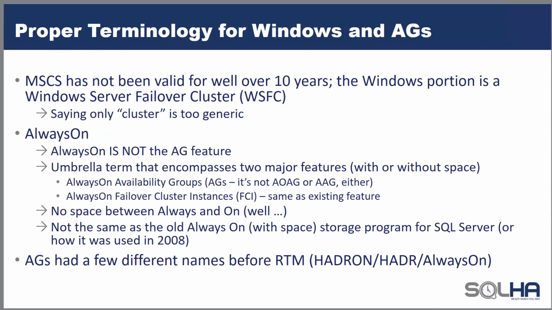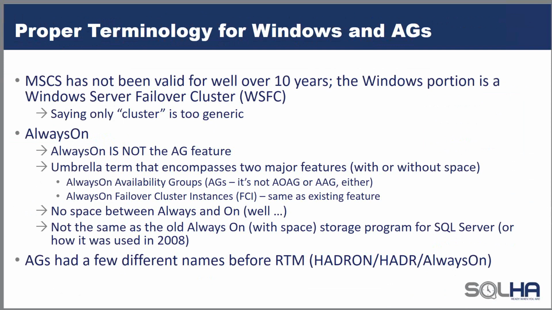Problem is, while it was being birthed as a feature, before they settled on availability groups, AGs had a few names. There was Hadron, there was HADR. It was actually Always On for about 5 minutes. And then they finally settled on AGs.